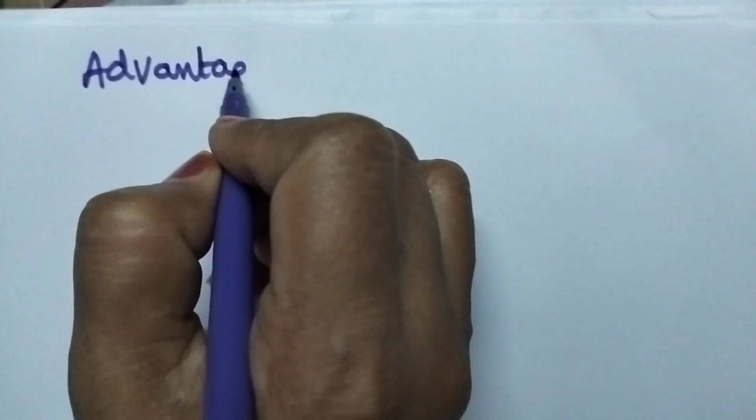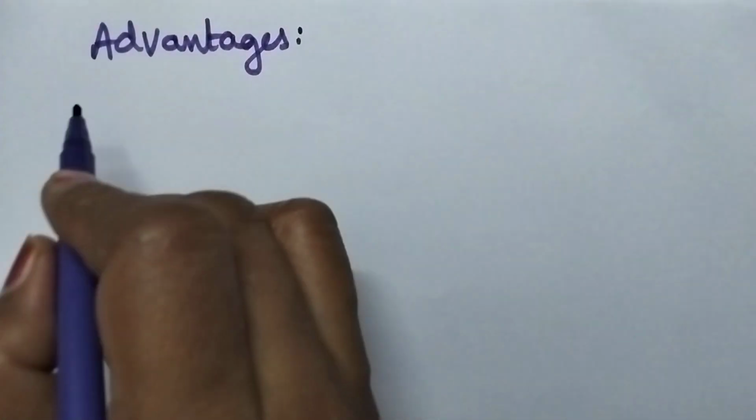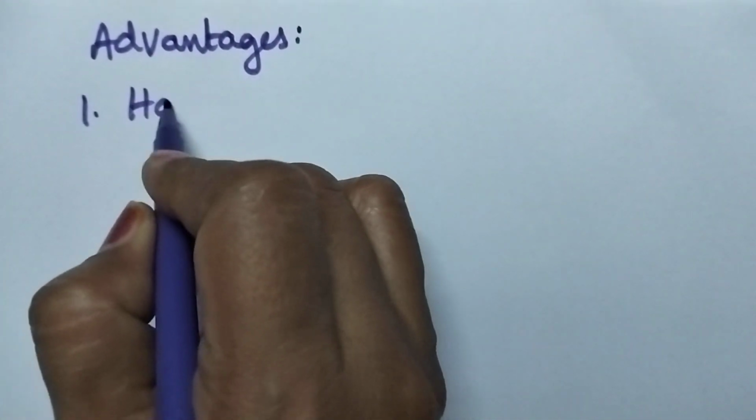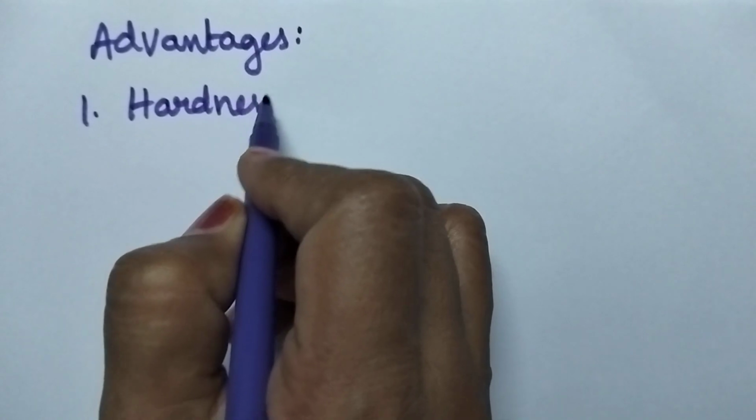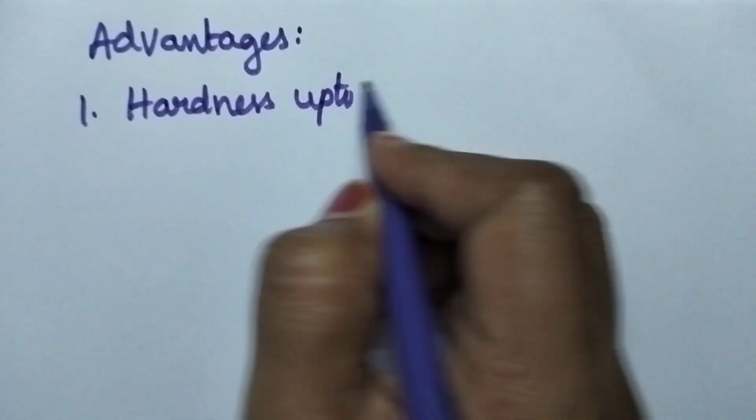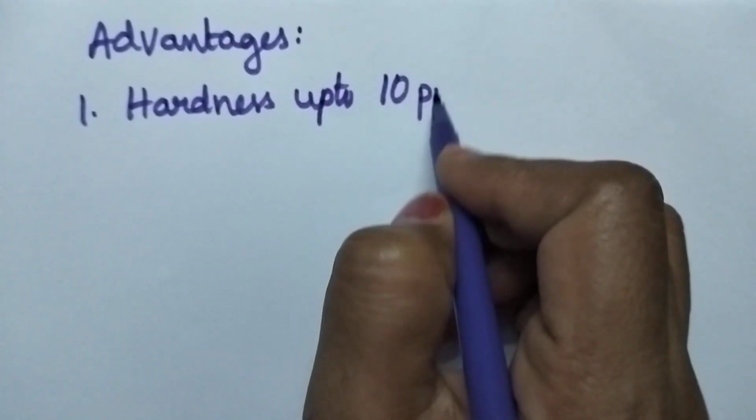The zeolite process is highly useful for the removal of permanent hardness, and thus it removes hardness up to 10 ppm.